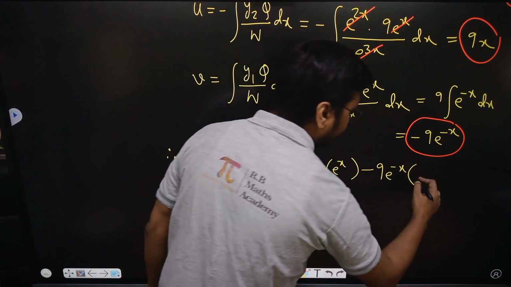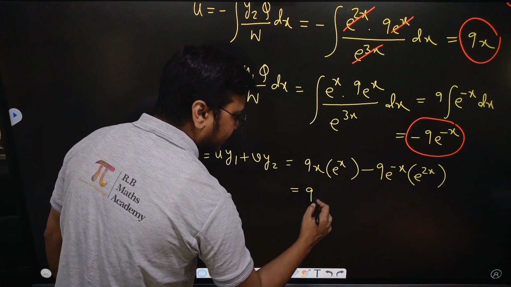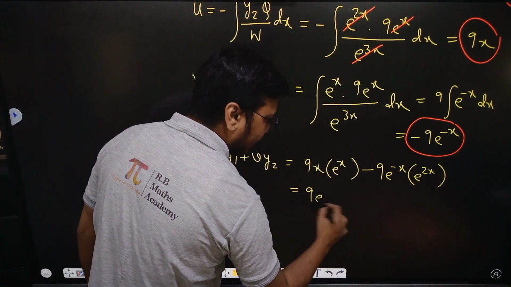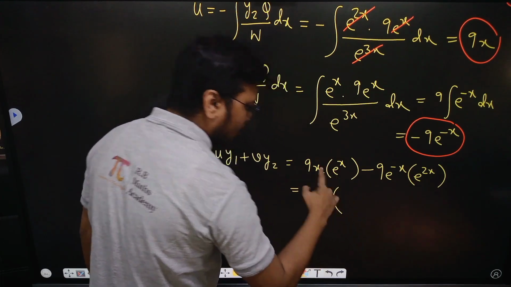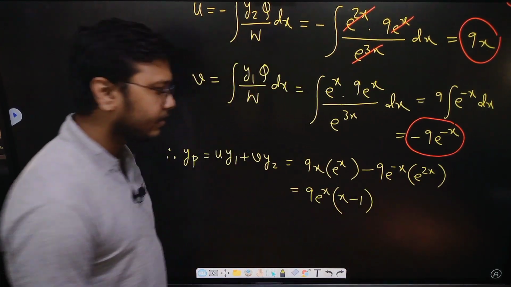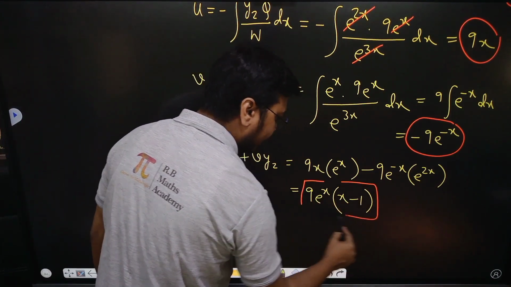My y2 value is e to the power 2x. So I can take 9 e to the power x entirely common, so I'll be having x and out here a minus 1, right? So this is my entire yp part.